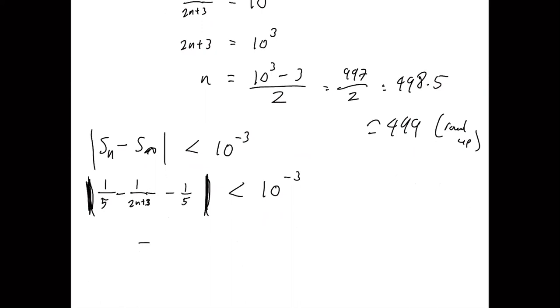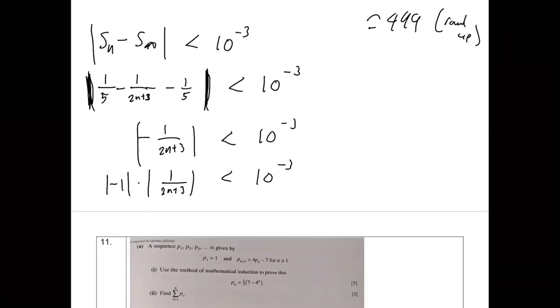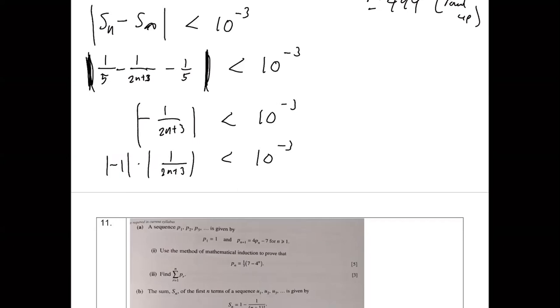This simplifies into modulus of -1 over 2n plus 3, less than 10 power negative 3. You can split this up as mod -1, mod 1 over 2n plus 3, times them, less than 10 power negative 3. Mod -1 is just +1, so if you simplify it down, 1 over modulus of 2n plus 3, less than 10 power negative 3. But what's modulus of 1? Wow, it looks very bad. It looks like 111. Oh, it's just a single 1.